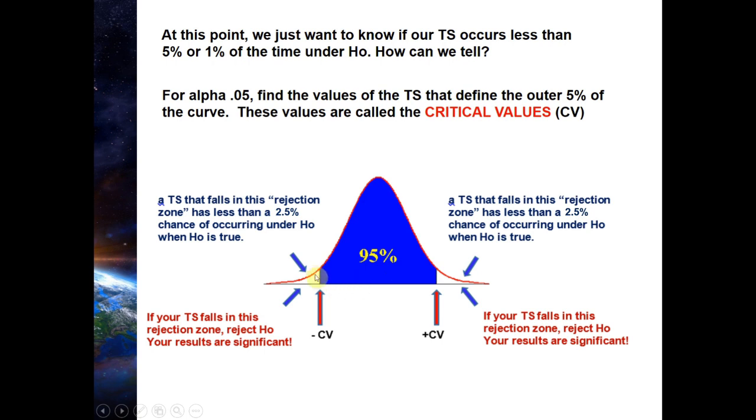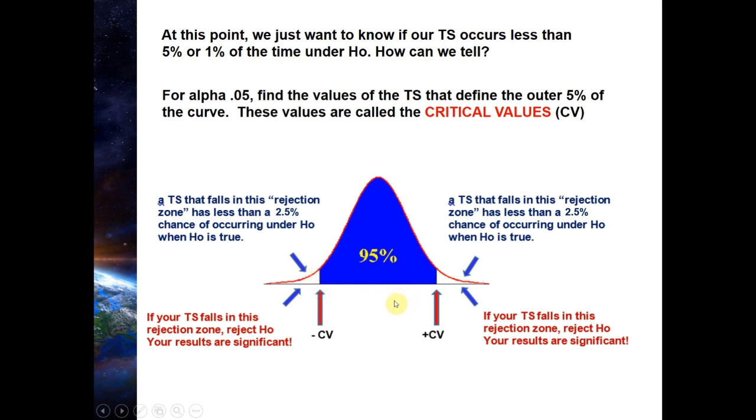So you're going to say, if I want 2.5% here as my area, what will be this T number? And that becomes your negative critical value. If I want 2.5 here, what is my T value? It's going to be a number here, and that becomes your positive critical value. But because it's symmetrical, as soon as you figure out one, the other is going to be the same number, only negative.